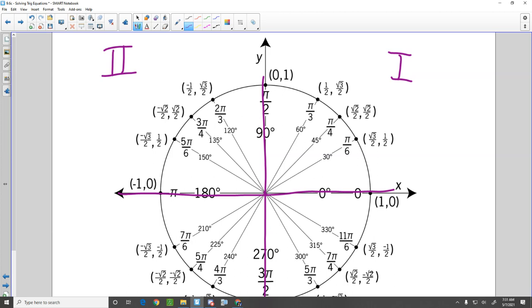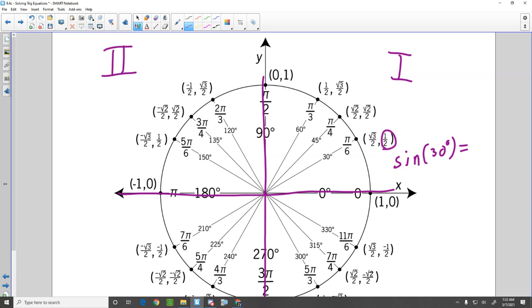And just starting off at like 30 degrees, check it out. Right there I see, oh, this angle has a y coordinate of 1/2. What's that angle? Oh, it's 30 degrees, or pi over 6 if we're talking radians. So if I were to type in my calculator the sine of 30 degrees, what's that equal?